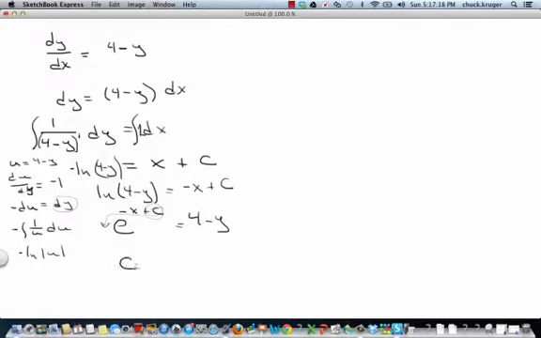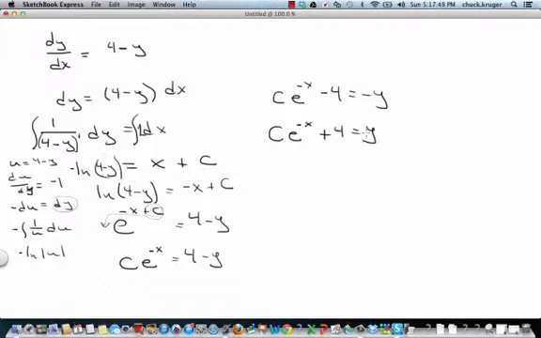So now I have c e to the negative x equals 4 minus y, which means c e to the negative x minus 4 equals a negative y. So I'm going to multiply everything by negative 1, but negative 1 is a constant. So I'm going to end up getting c, because a constant times a constant is a constant, plus 4 is equal to y. And that's my solution.